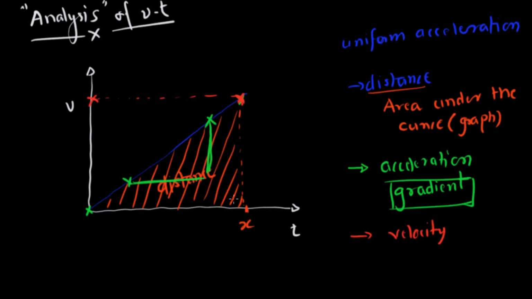Consider this point on the line. You already have the x coordinate. Find out the y value, and the y value happens to be the velocity. That's your answer. It's as easy as that. What is important to remember is that we can calculate the distance from the VD graph by calculating the area under the curve, and we can calculate the acceleration by calculating the gradient of the given line.